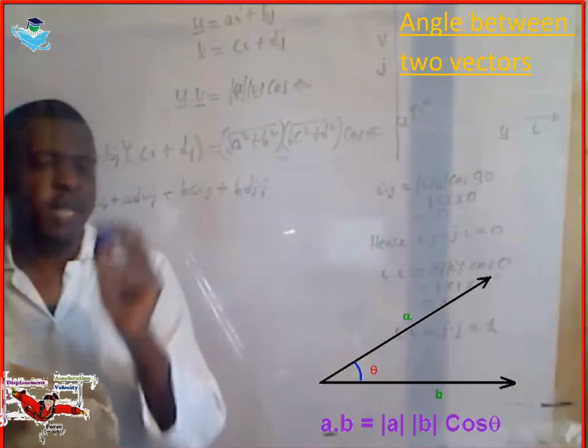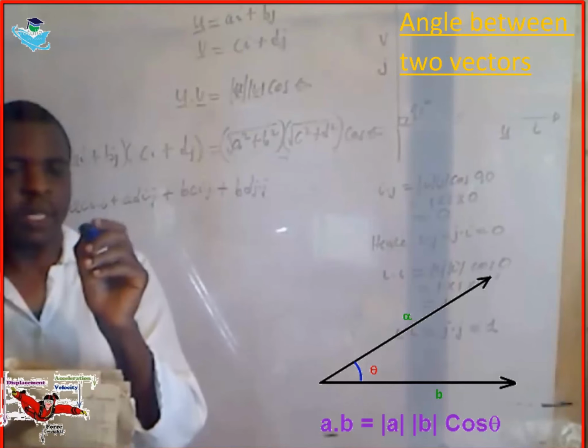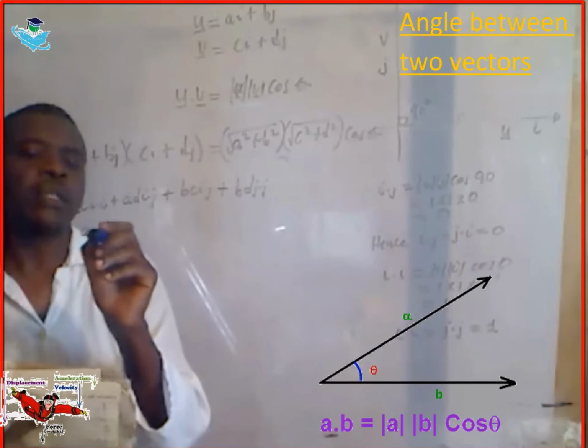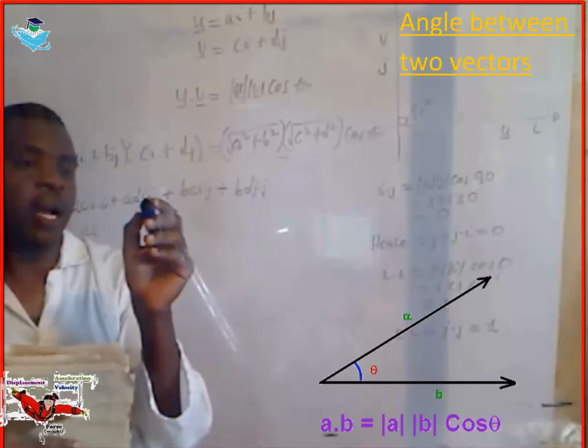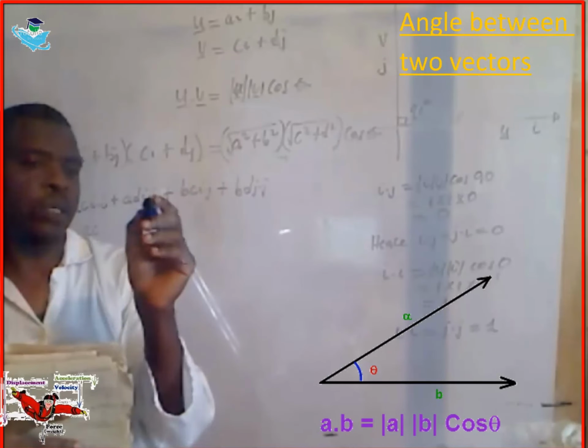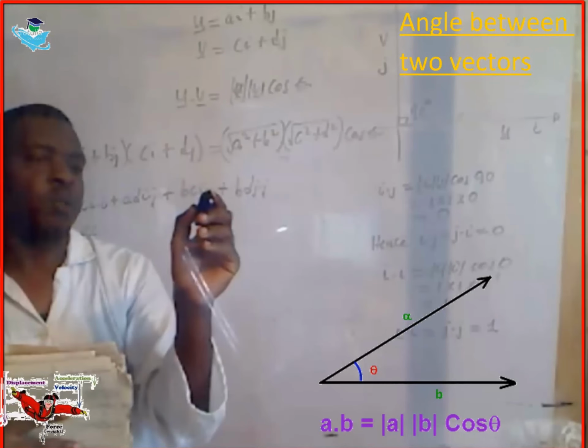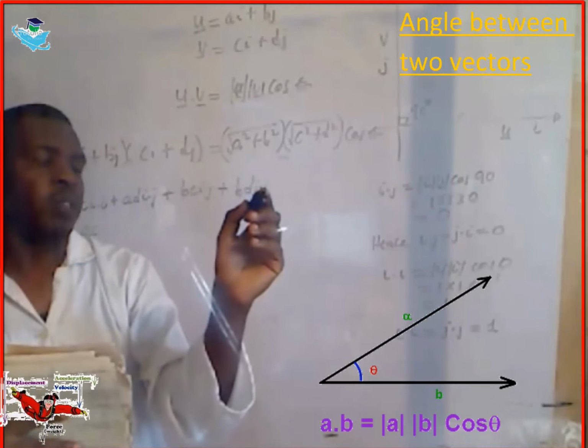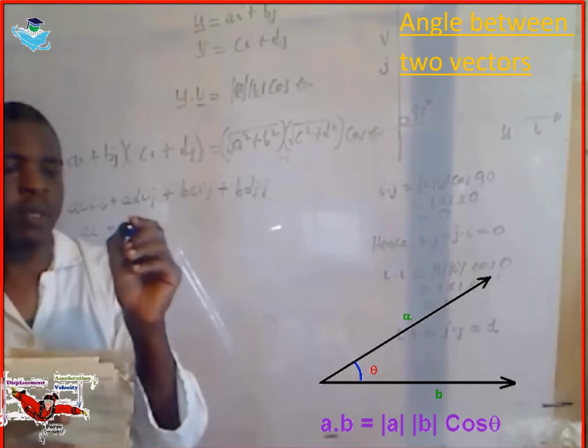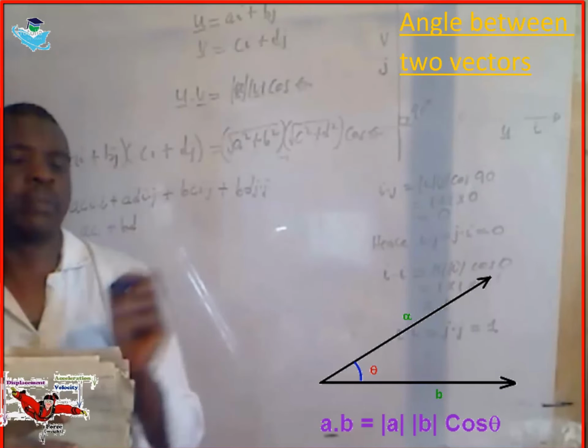So i dot i is equal to 1, so this will give us ac. i dot j is equal to 0, so this is 0. i dot j is equal to 0, that is 0. j dot j is equal to 1, so this will give plus bd.